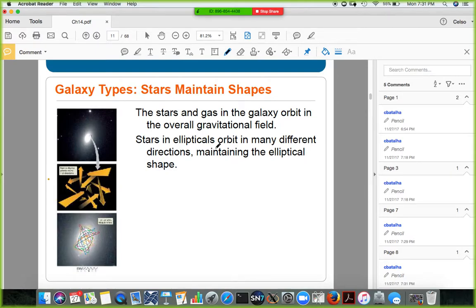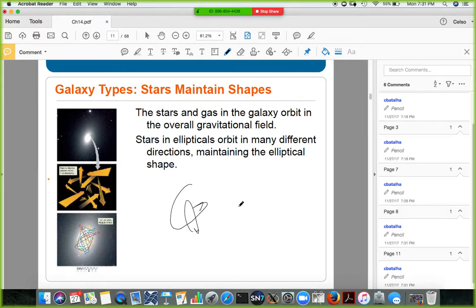Now, let's talk about the stars in these galaxies. Let's start with ellipticals. In elliptical galaxies, the stars go around the nuclear part following any given direction. If this is the central part of a galaxy, one star might go like this, another star might go like that, right?